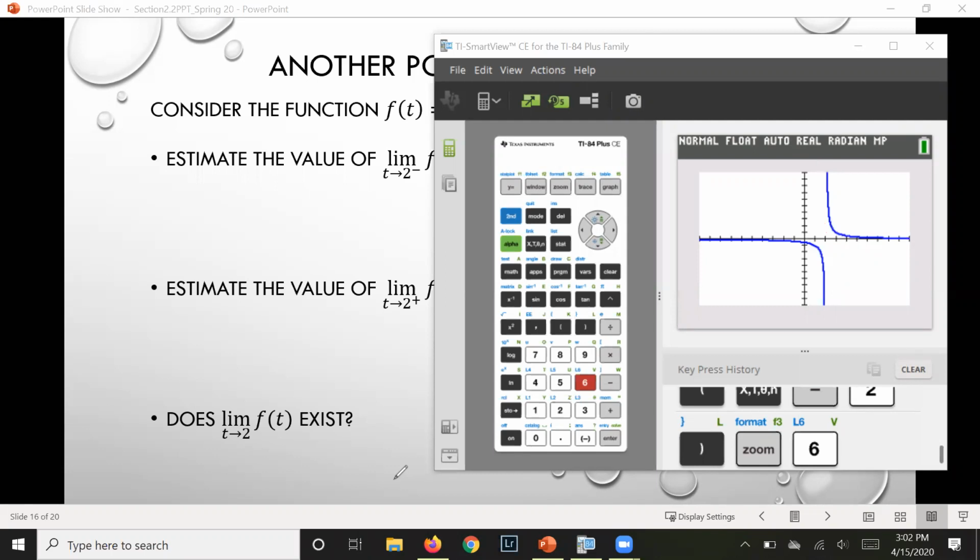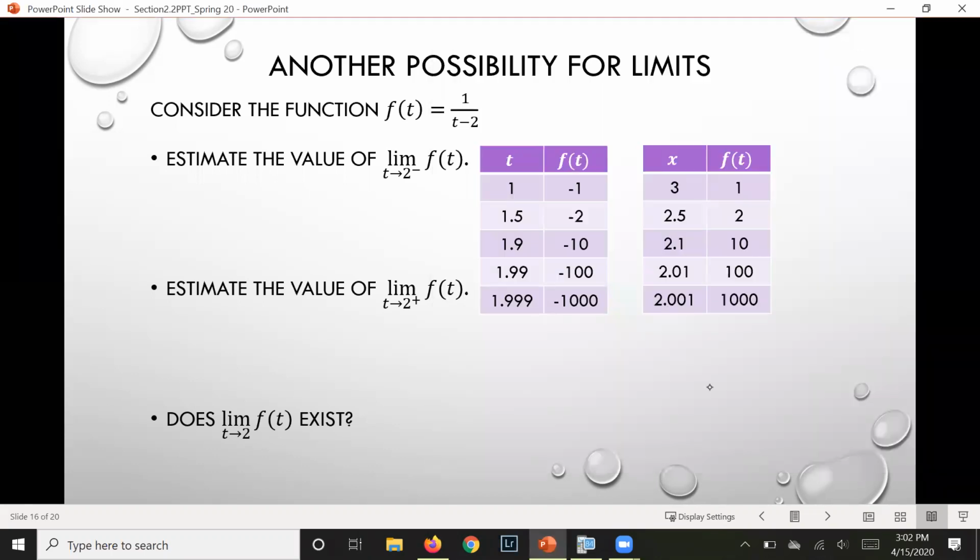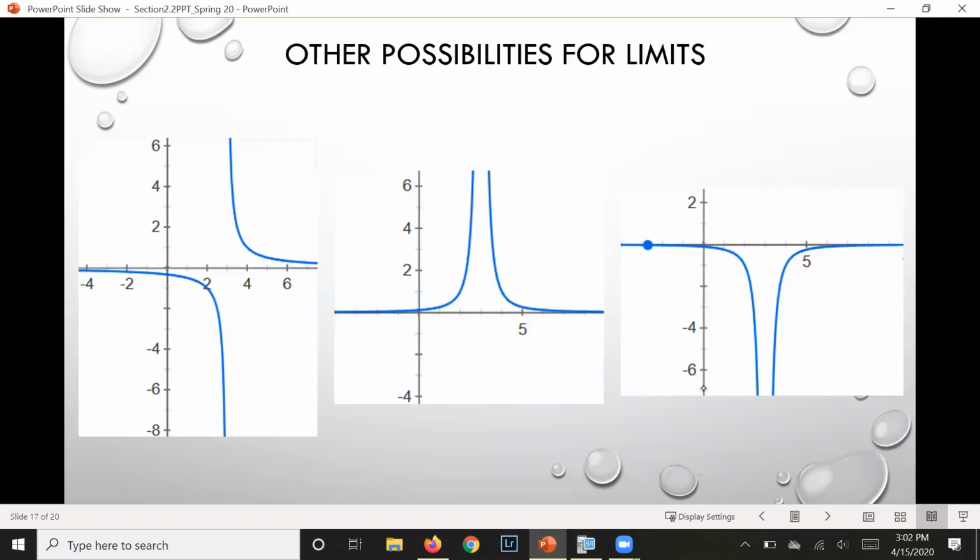Now, let's look at some other options, though, when we're talking about rational functions. So this first one here on the left, that's what we were just talking about. We see here that the tails are going in opposite directions, so there the limit would not exist. But on this second one here, notice that from the left, the output values go towards positive infinity.